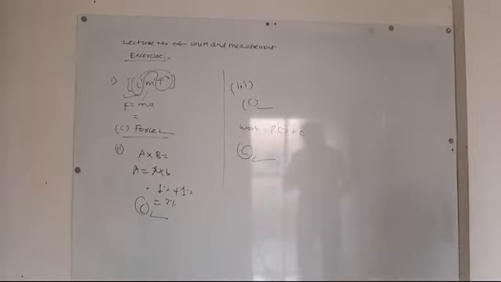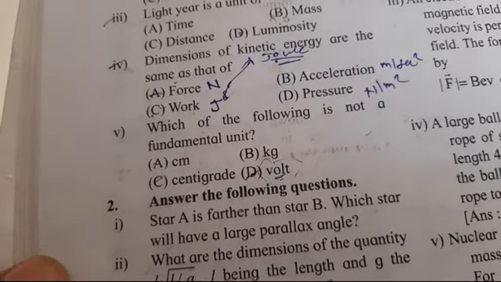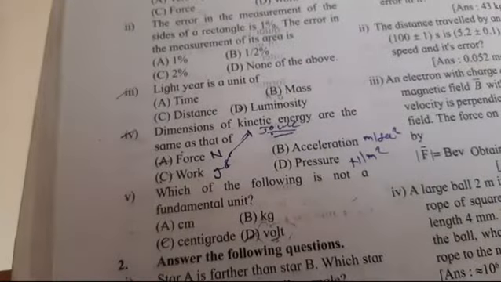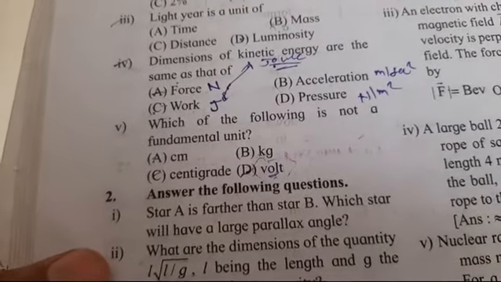Question number 5. Which of the following is not a fundamental unit? A. Centimeter, B. kg, C. Centigrade, and D. volt.